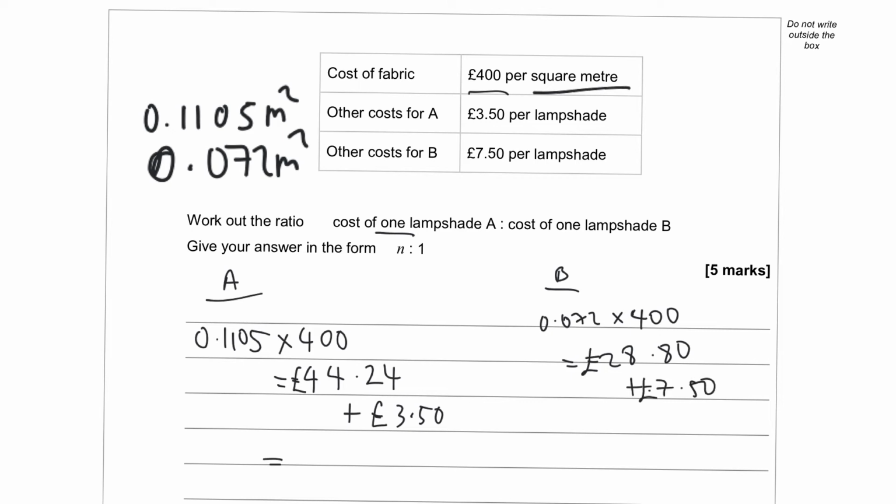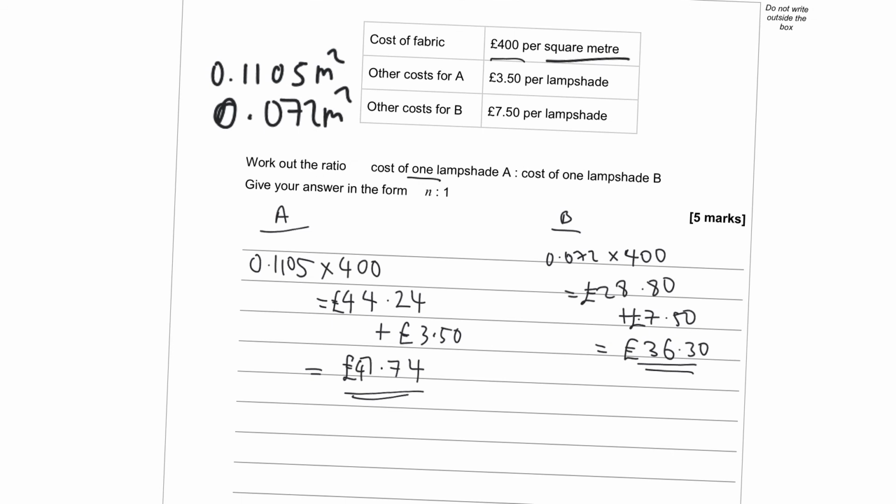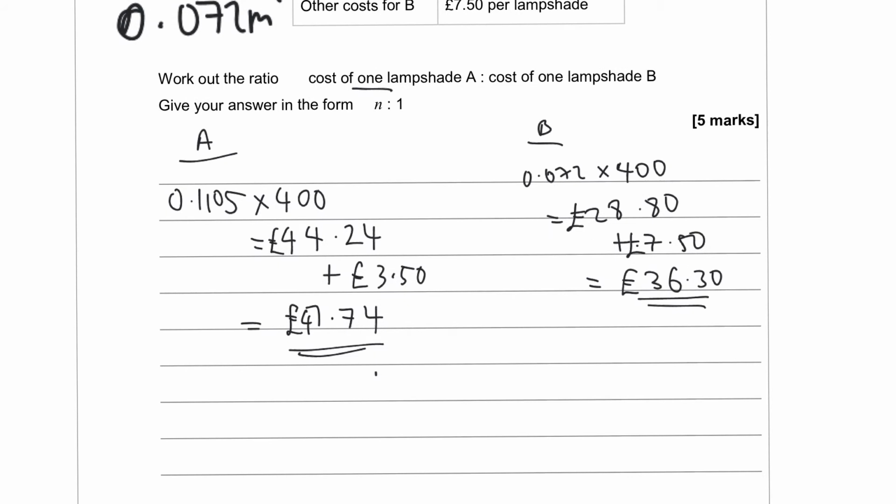So let's look at A. Put those numbers into your calculator. You should come up with £47.74. And then for B, you would end up with £36.30. Now, because we need to leave them as a ratio, so 47.74 to 36.30.